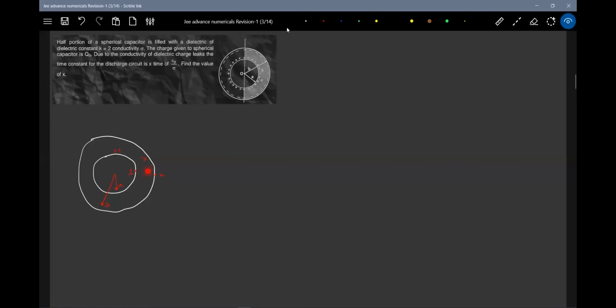First, we'll get the potential, KQ by A minus KQ by B. Let me calculate the potential difference V12. Potential difference V12 will be KQ by A minus KQ by B. Then how do you define capacitance? C is equal to Q by V12.